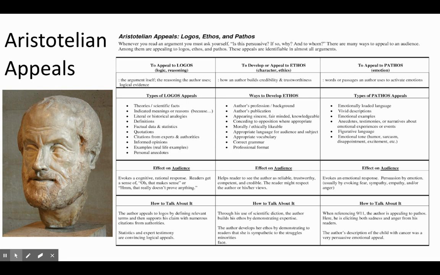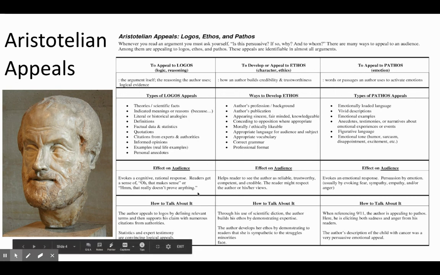An appeal to logos, an appeal to ethos, and an appeal to pathos. This little graph here is a really good reminder of what each of those appeals are. So appeals to logos is when an author uses logical evidence and reasoning in order to support what he or she wants. What I want you to take a look at down here is how to talk about it in your writing.